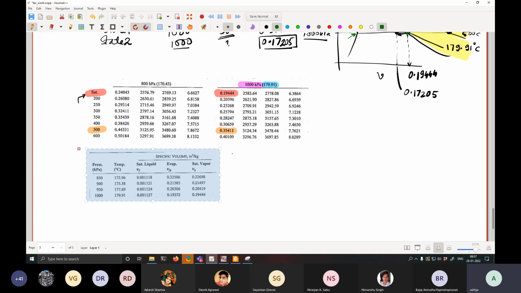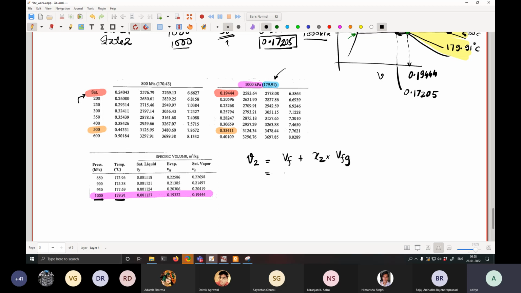Okay, so now we have the data set in front of us, and 1000 is the data under question. We know that at 1000 kPa, the saturation temperature is 179.91, and we knew this from before as well. And so we will say that V2 is equal to Vf plus X2 into Vfg.